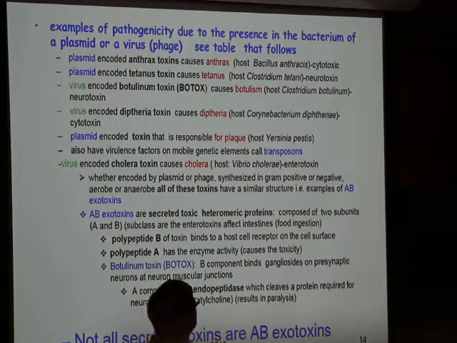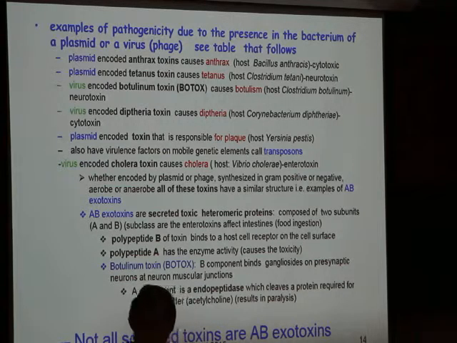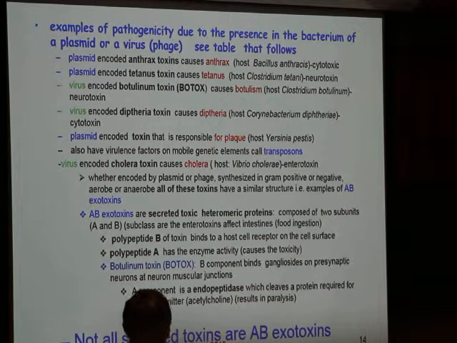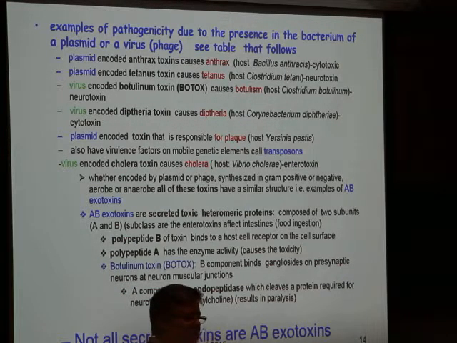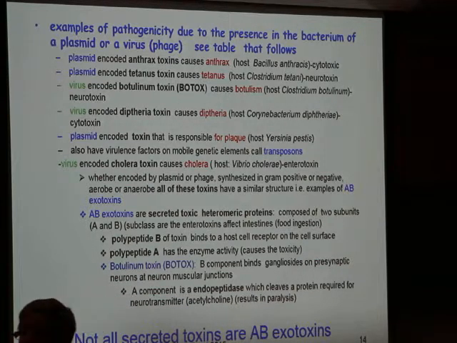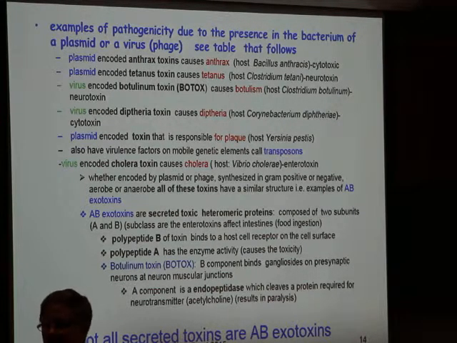Okay, so some examples of pathogenicity and virulence due to the presence of a plasmid or a virus are listed here. And you can start seeing that many of the classic infections and diseases we talk about as being major bacterial infections are actually caused by the bacterium carrying a plasmid or a lysogenic virus.